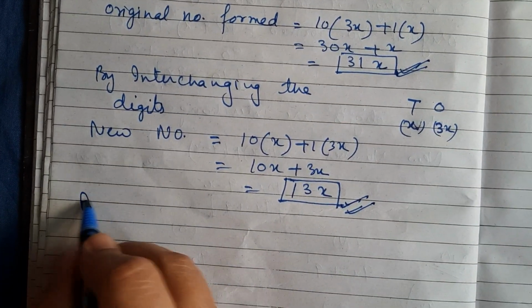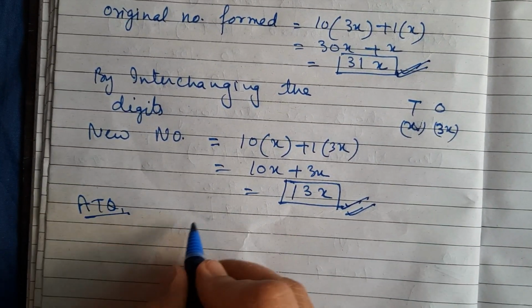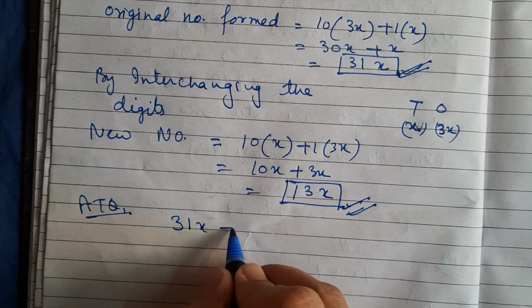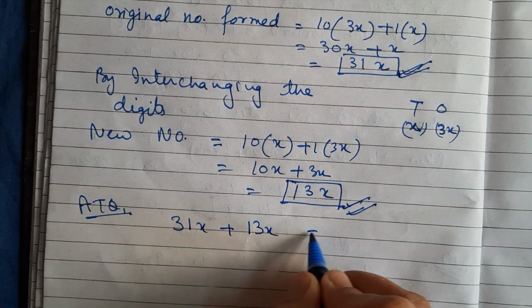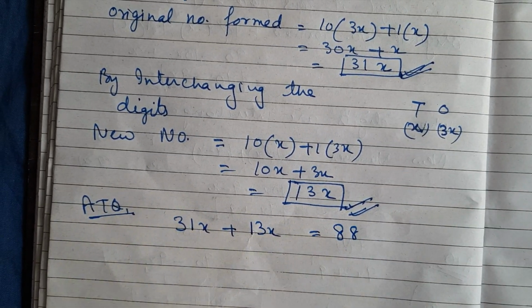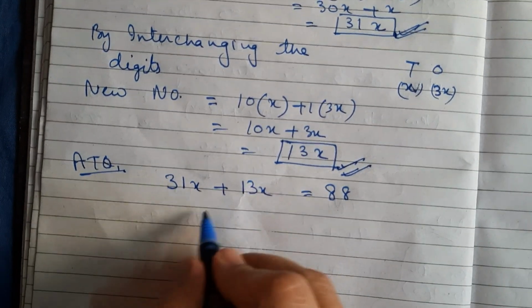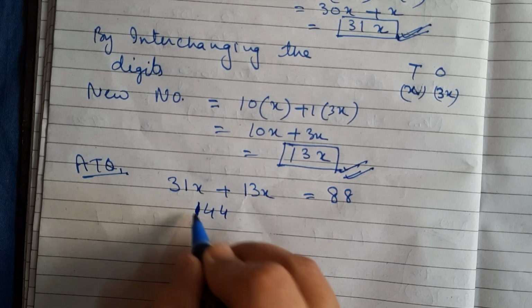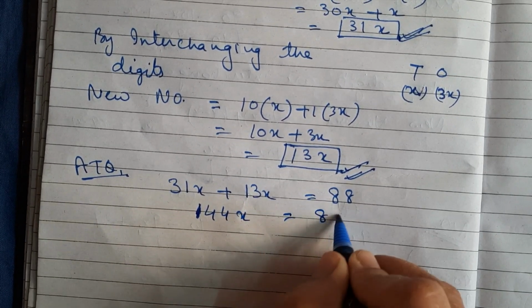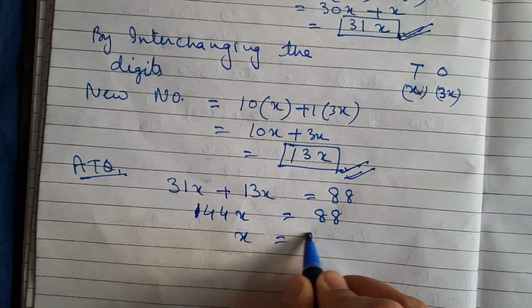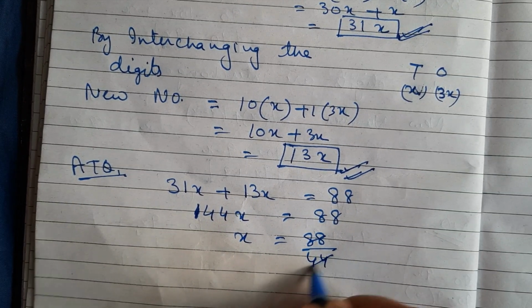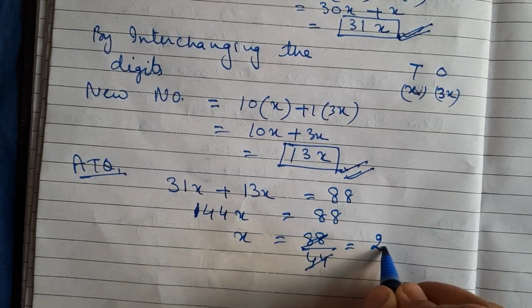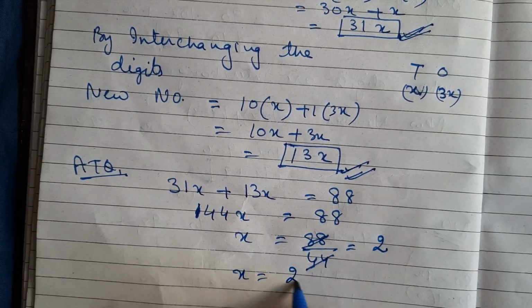So according to question, original number plus new number, you get 88 by adding both. So 31 plus 13, 44. 44x is equal to 88. x is equal to 88 upon 44. Reduce it, it is 2. So x is equal to 2.